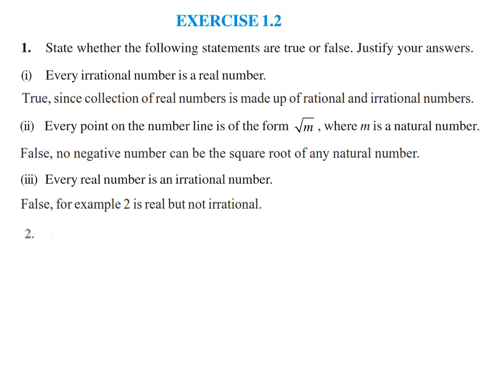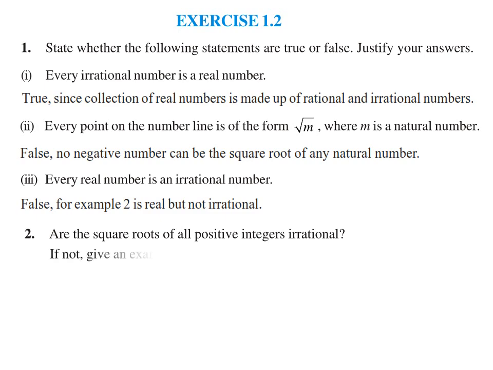Now the next question, the second one: are the square roots of all positive integers irrational? If not, give an example of the square root of a number that is a rational number.